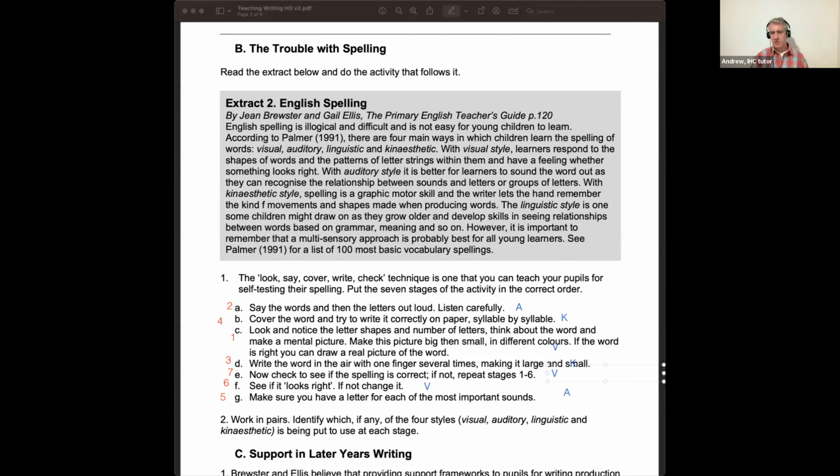And compare your version with the correct version. Does that make sense? It's an interesting technique. Students may not be accustomed to trying different learning styles like that. Right, so now let's consider support in later years writing.